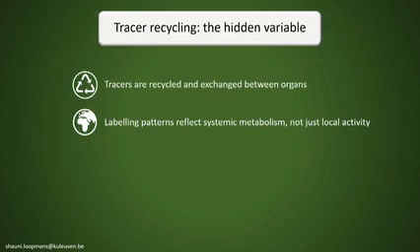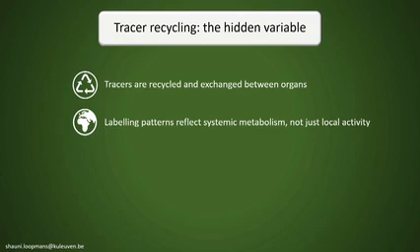Then something else that I want to give along is that because you're working in a full body model, your organs, they don't function on their own. You have constant communication between those organs, which means that your tracers are recycled and exchanged between organs. So lactate generated in one tissue might be a source of carbon for another tissue.